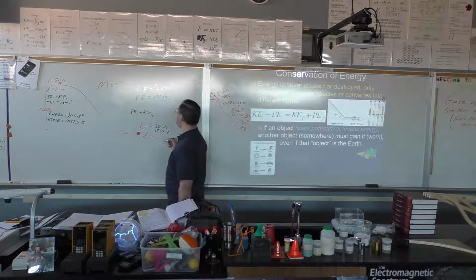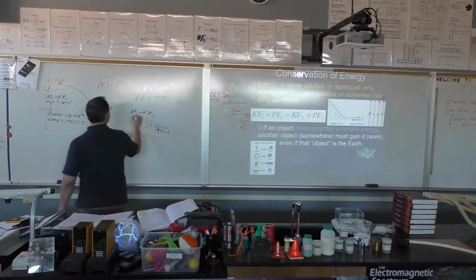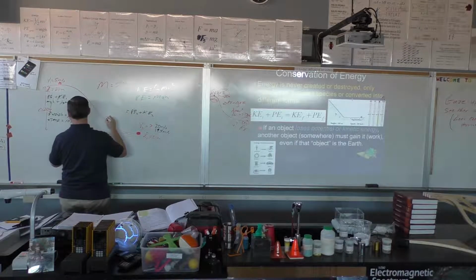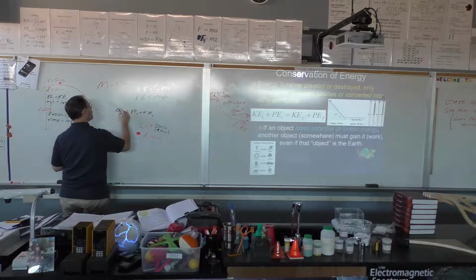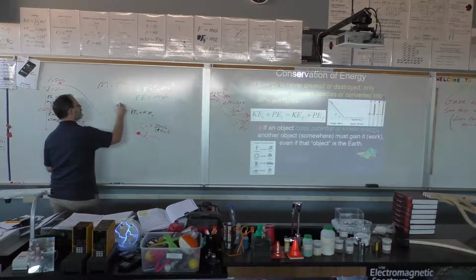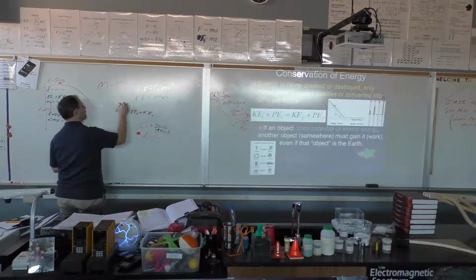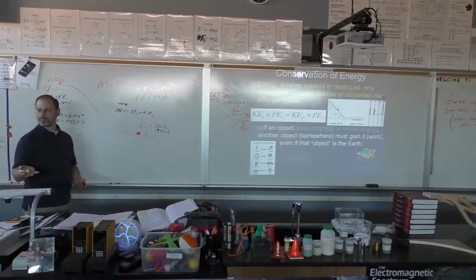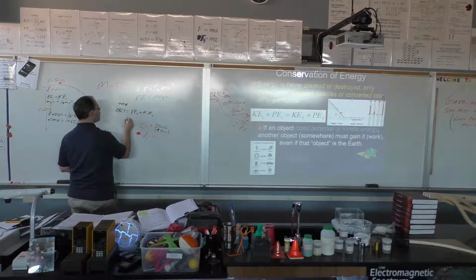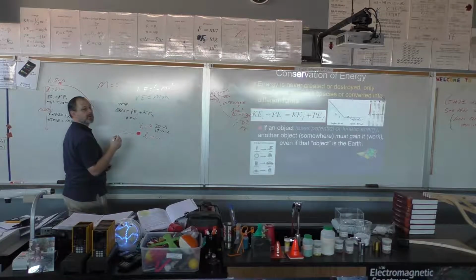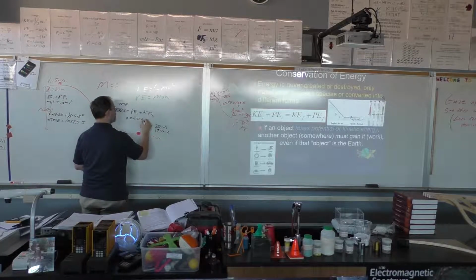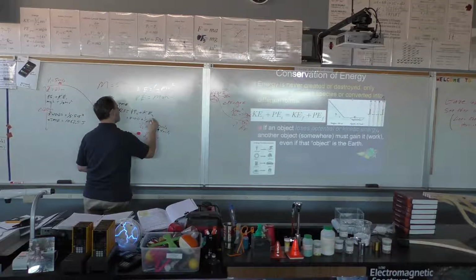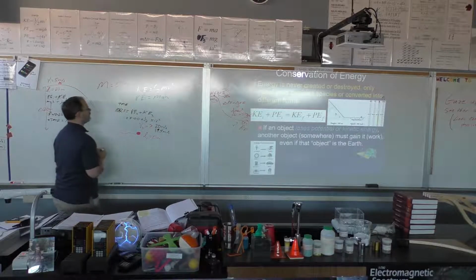So now over here, this KE2 plus PE2 has to equal 1062.5, because that's the TME. Make sense? So PE, mass is 5, gravity is 10. What's the height? 0. Plus KE, 1/2, mass is 5, times v squared, which is what we're looking for.